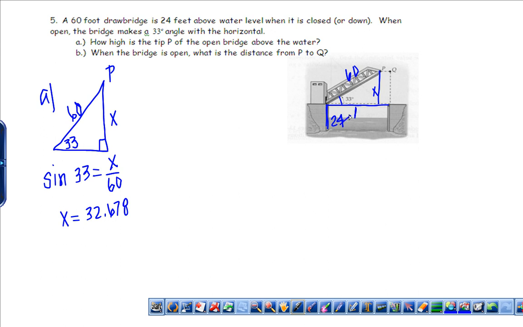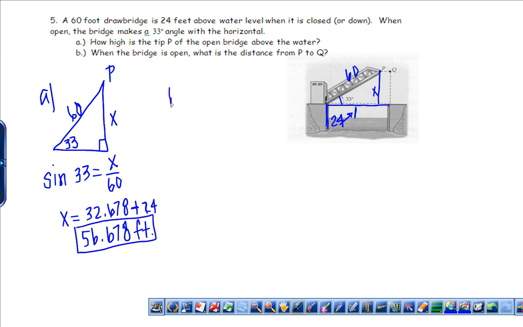This is 24. So, we need to add 24. So P is really a total of 56.678 feet above the water. That sounds right.